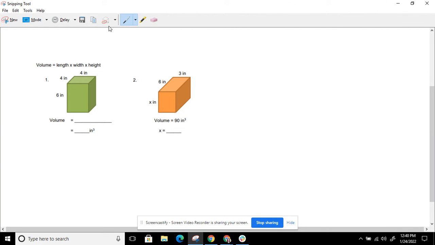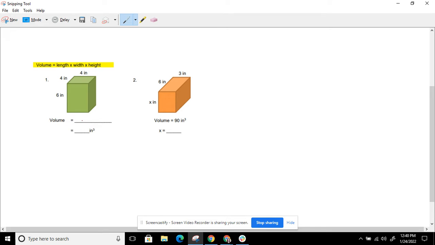At the top here, you'll notice that we've got our equation. Volume is equal to the length times width times height. For our first one, I always like to rewrite the equation, and it has it here for us.